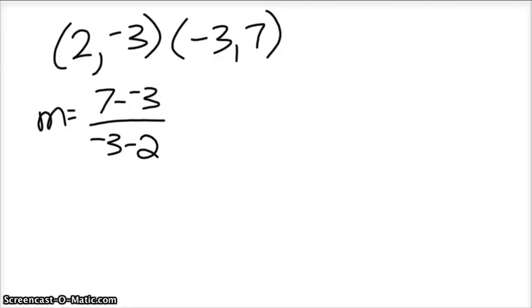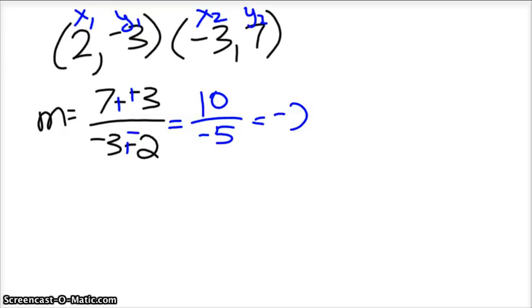Just to remind you, when you do the slope formula, this is x1, y1, x2, y2. So find your rise, find your run. These all start as subtractions. You can turn them into additions. That's 10 here, plus a -2, that's -5. So the slope is -2 for this one.